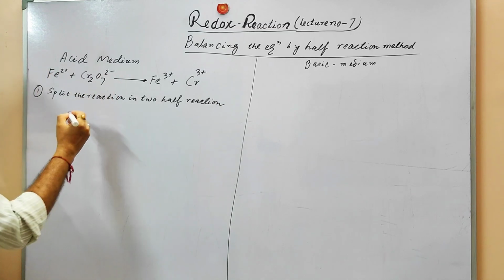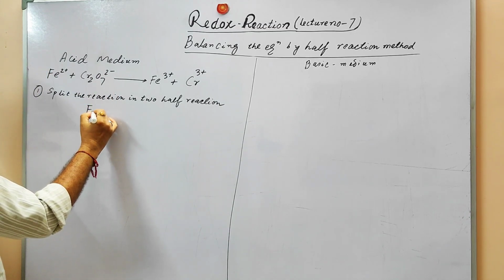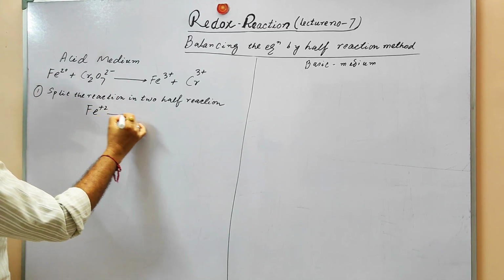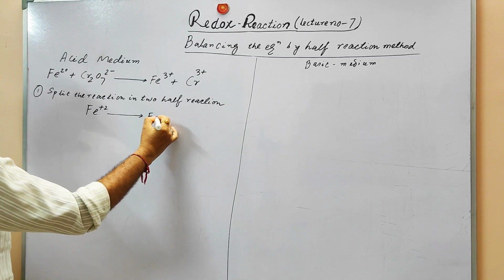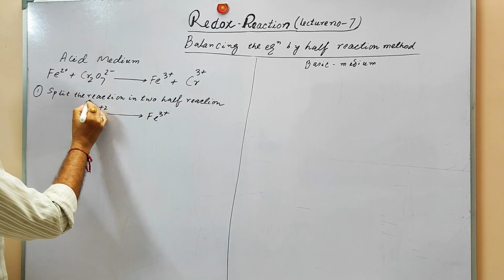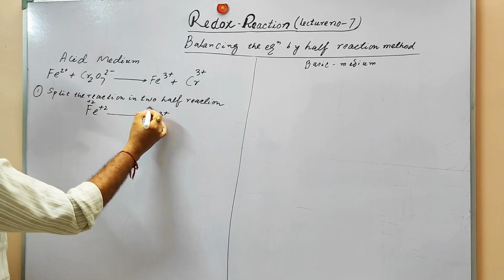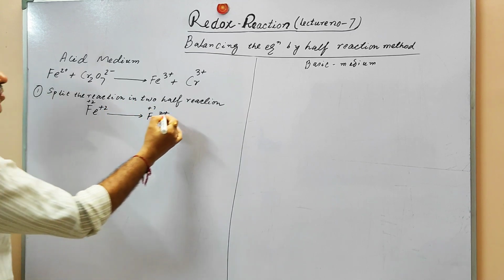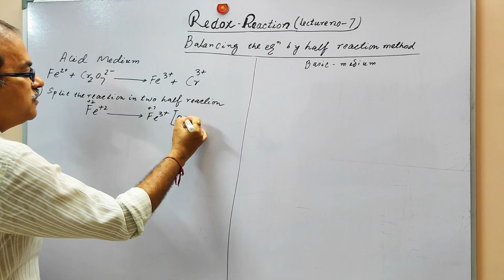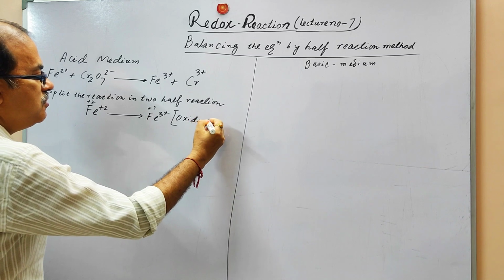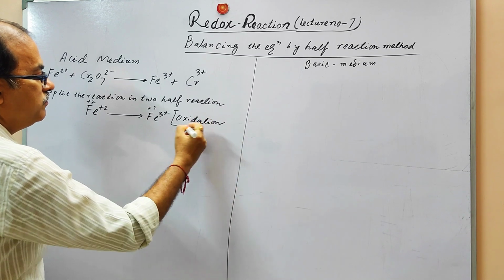Here in this equation, the oxidation half reaction is Fe2+ converted into Fe3+. Here you can see the oxidation number of Fe changes, so this is the oxidation half reaction. You can write the oxidation half reaction.